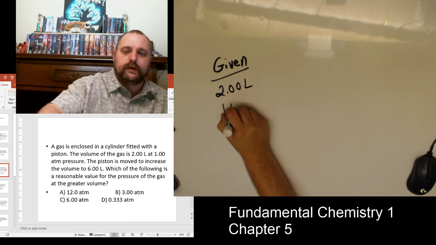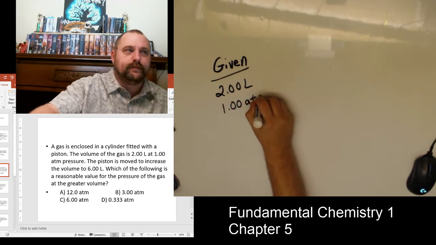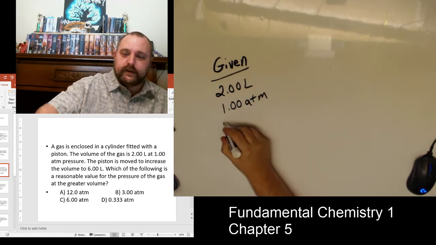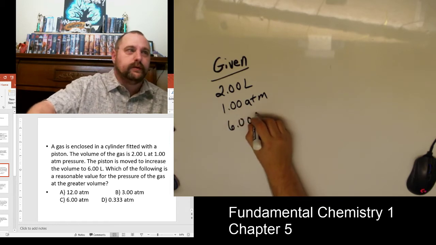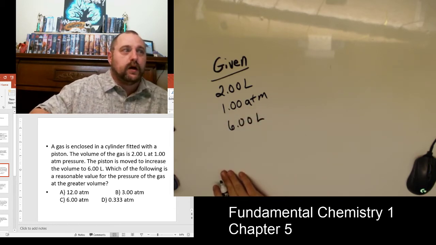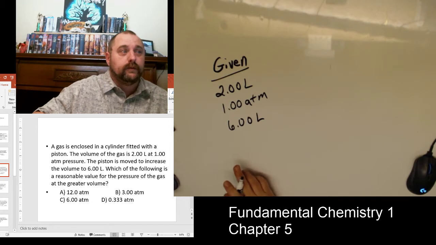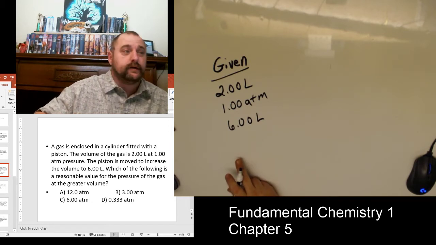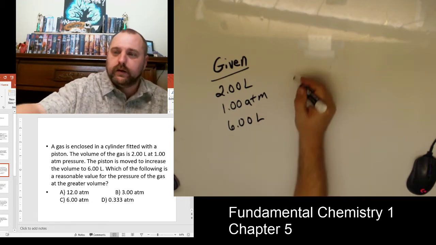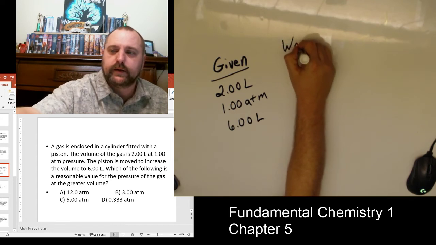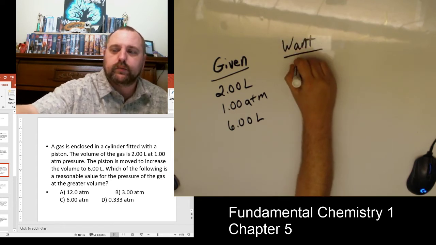I've got 1.00 ATM. And then it said something about 6.00 liters. And it says, what is the value for the pressure of the gas at this new volume? So what they want is pressure.